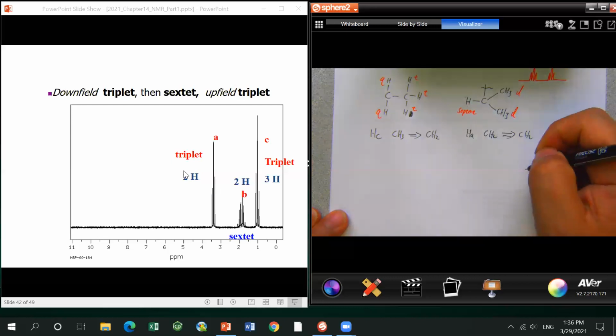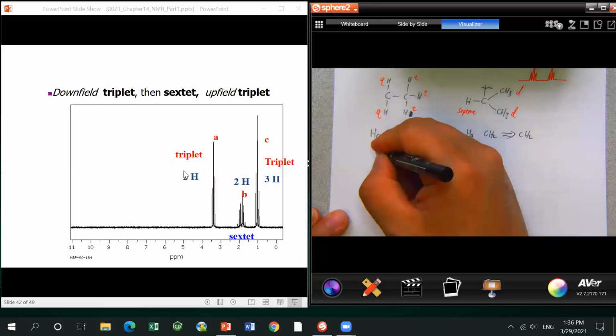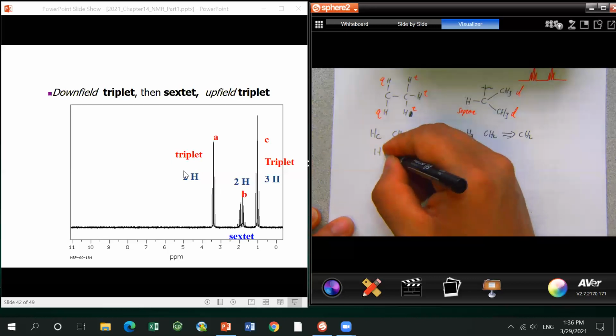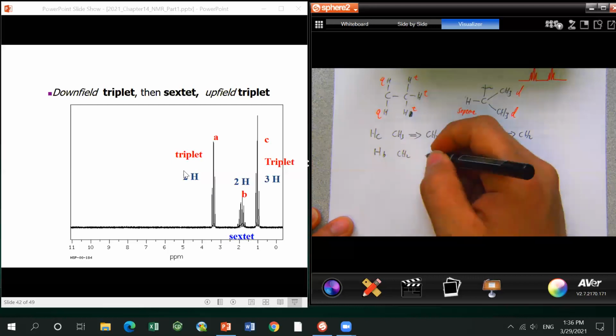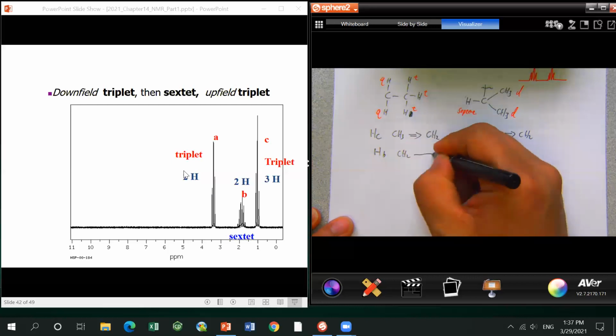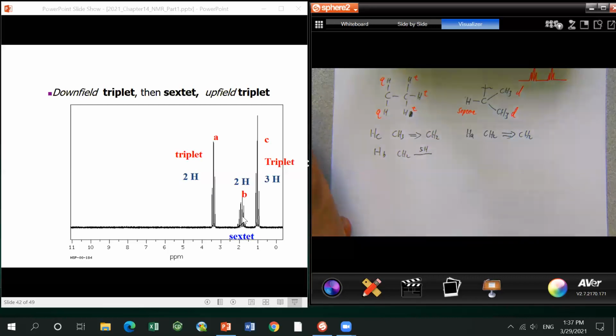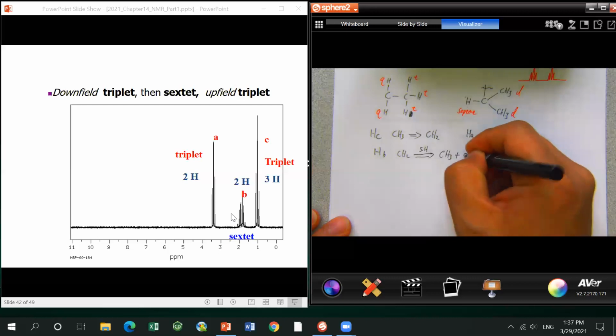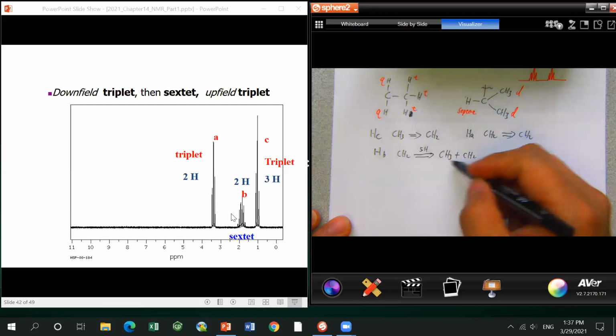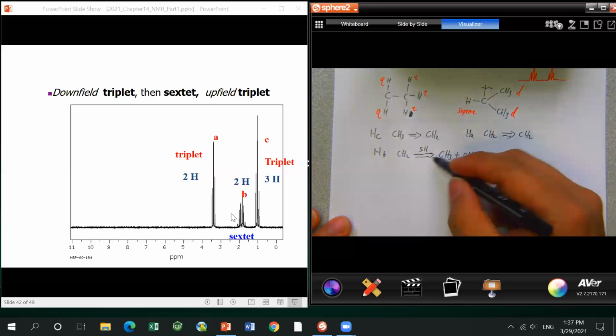Then we look at HB, 2 protons, a CH2, with 5 neighboring protons, which gives the sextet, 6 peaks. There is no CH5, so it should be one CH3 plus one CH2, giving a total of 5 neighboring hydrogens and 6 peaks.